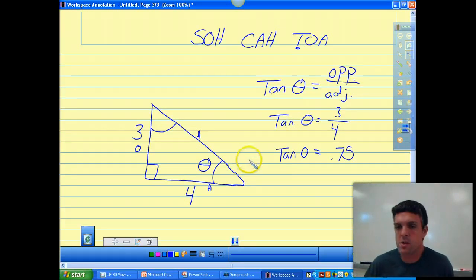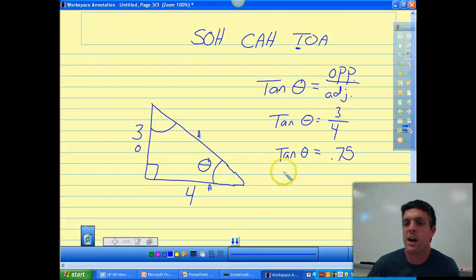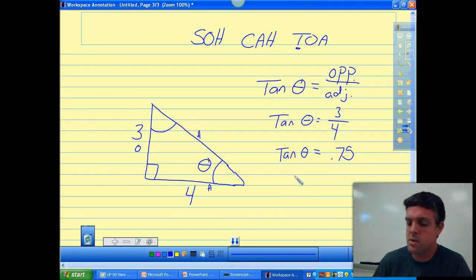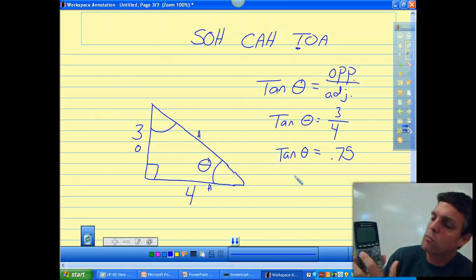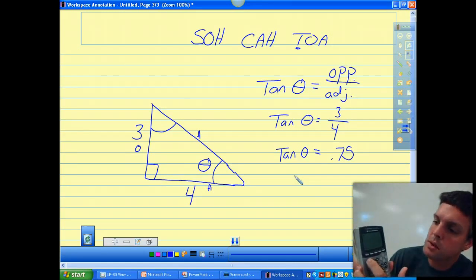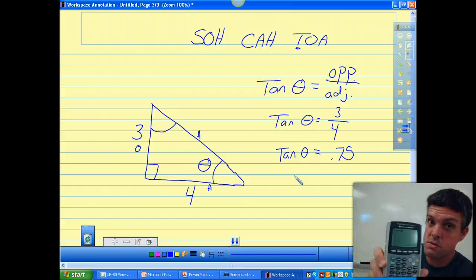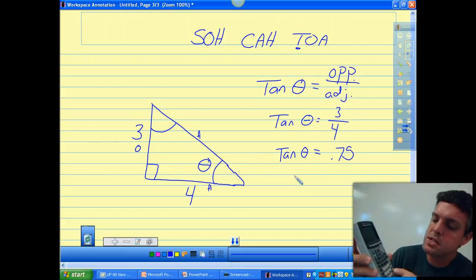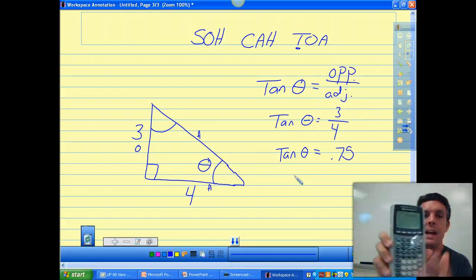And so what we're going to do is, on our calculators, we're going to find the inverse tangent of 0.75, all right? We're going to go ahead and do inverse tangent of 0.75, okay, and that gives us a number.